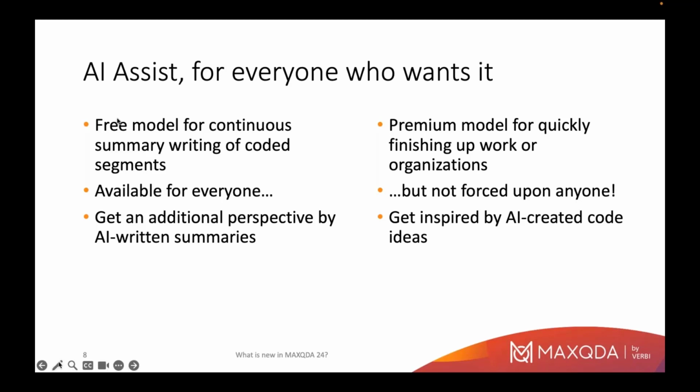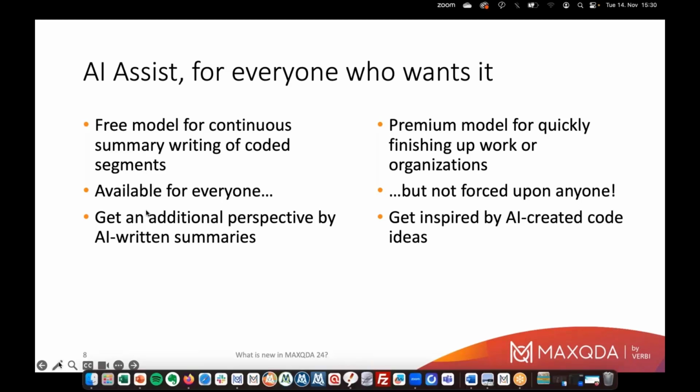This brings me to what AI Assist is here about. If you are a student, if you have the free version, I would strongly recommend to use AI more in a continuous approach, because you will only be able to handle 10 pages a day. When you're done with one code, write a summary. When you're done with the next code, create a summary. When you're done with one document, create a summary.